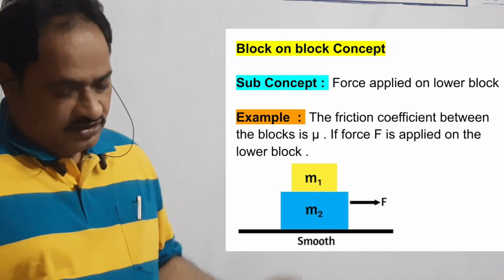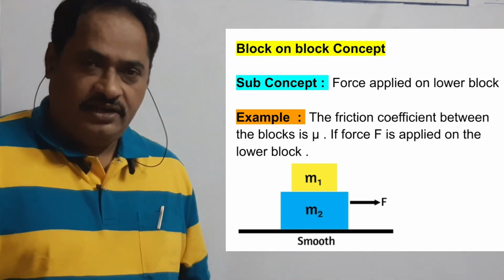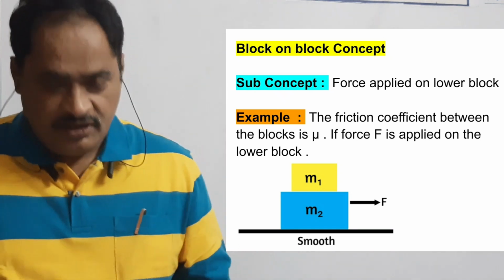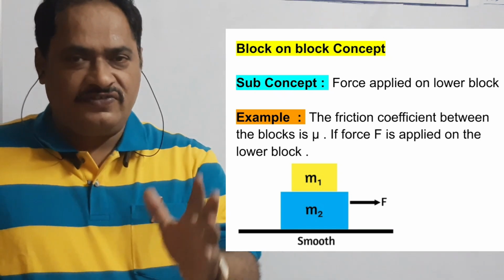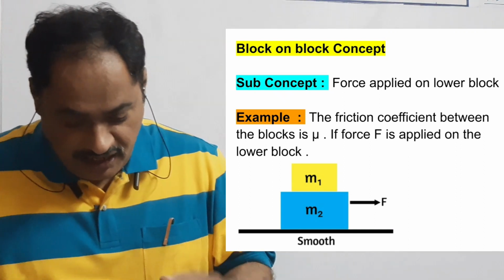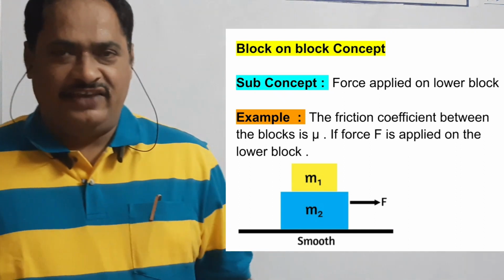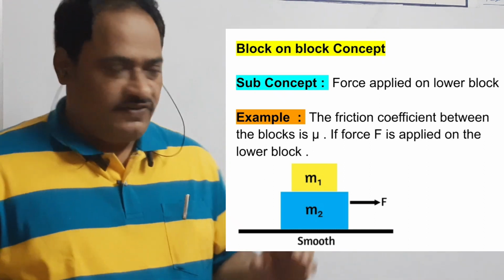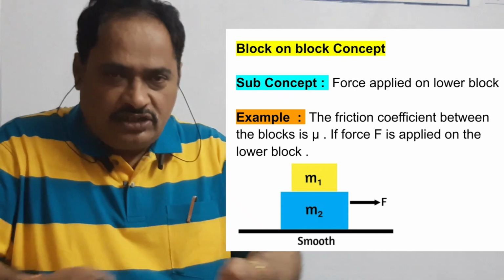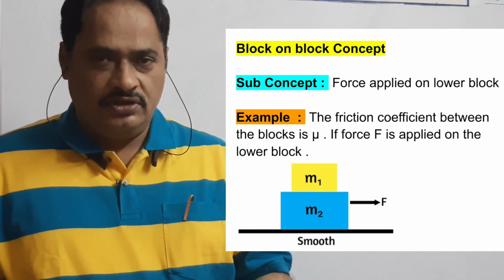That means the friction coefficient between two blocks is mu. Let F be the force applied on the lower block. If we want to analyze that motion, force F is applied on the lower block and the bottom surface is smooth.